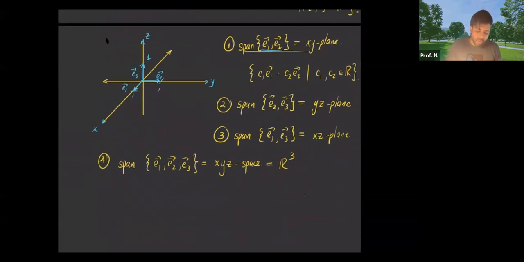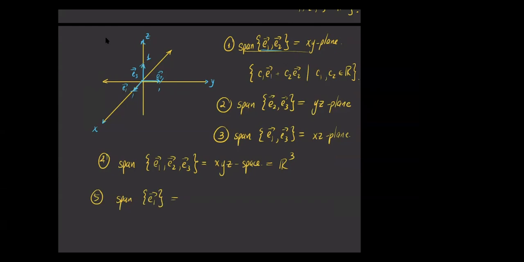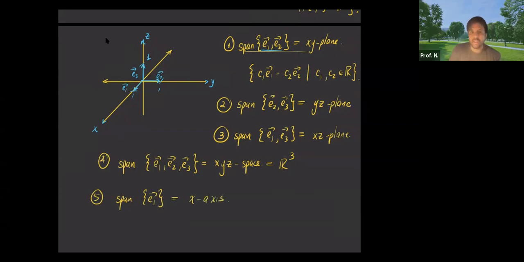So for example, I'll give you another example. What would be the span of E1? If I just gave you one vector, what would be the span of E1? It would be the x-axis. So the span of a single vector, if you think about it, you're taking all linear combinations of just one vector, which means you're taking all scalar multiples of just one vector.